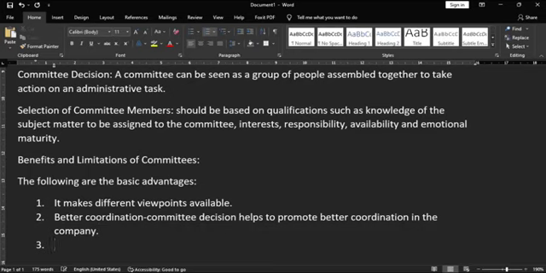Three, collective responsibility for decision making. When the chairman of the committee takes a decision, what does this mean?